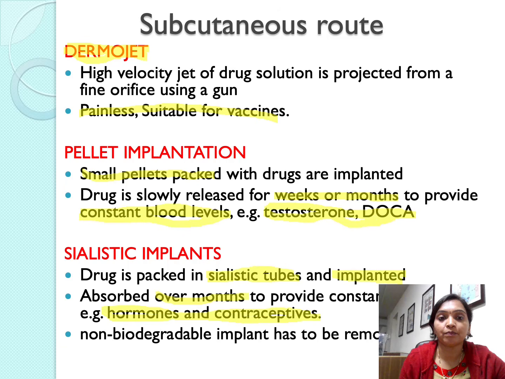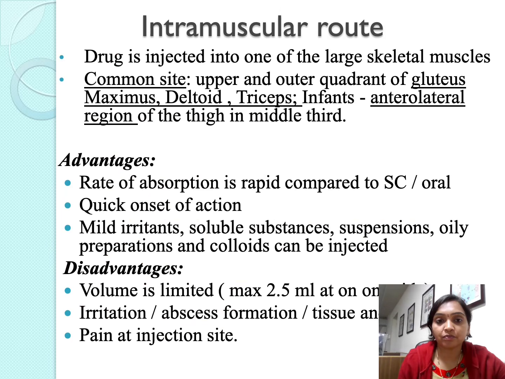One thing to be remembered here is that after the desired action is over, the non-biodegradable substance, that is the silastic implant, should be removed through a procedure. It is a non-biodegradable implant, and it should be removed after the desired duration of action.